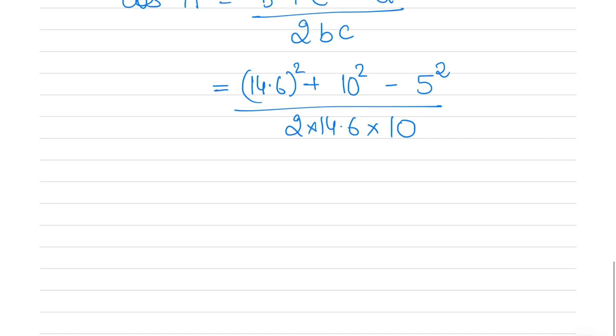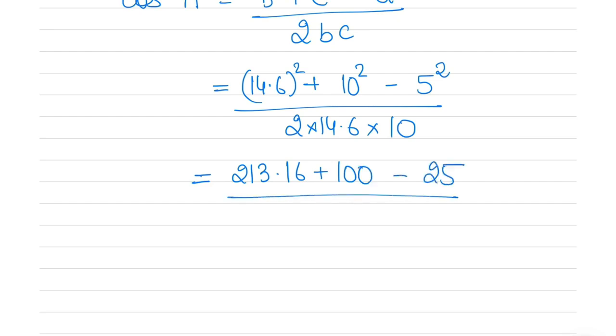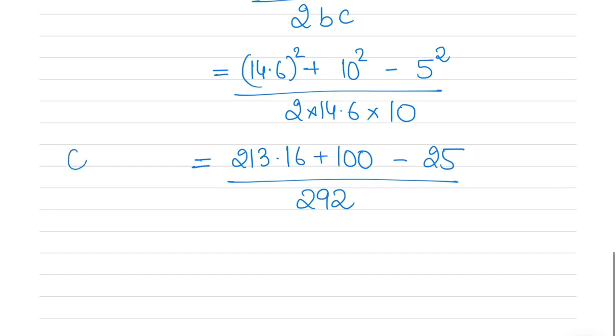If you do that, you get 213.16 plus 100 minus 25, divided by 20 times 14.6, which is 292. Remember, this is cos A. You have not yet found A here.